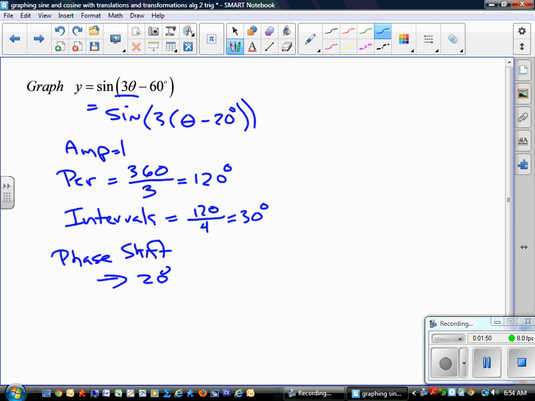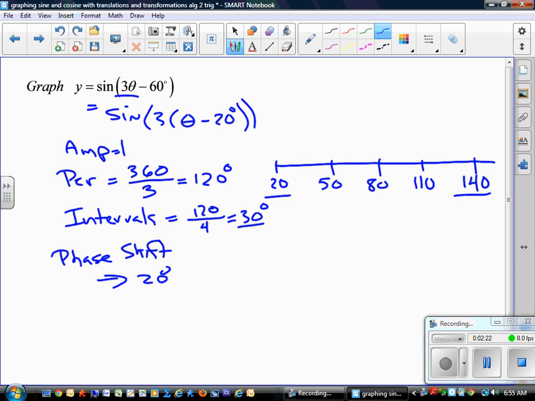So now I'm going to just go ahead and graph all this. I'm going to start at 20 degrees, and I'm going to move in intervals of 30 degrees to my right. So I've got 50, 80, 110, and 140. From 20 to 140, I have a total of 120 degrees, and that's going to be my period.